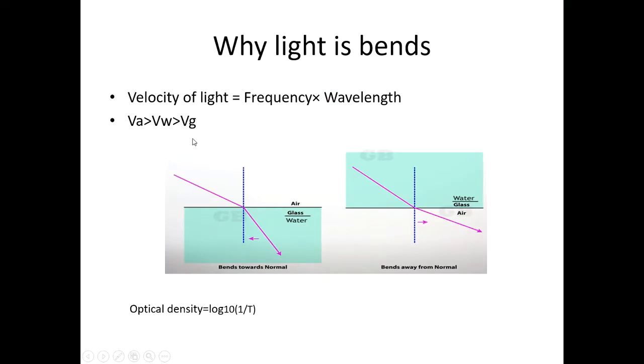Why does light bend? The velocity of light is given by the multiplication of frequency and wavelength. The velocity of light in air is greater than in water, and the velocity of light in water is greater than in glass. As the velocity of light in air is greater than in water, if light is passing from air to glass or water, then it bends towards the normal.